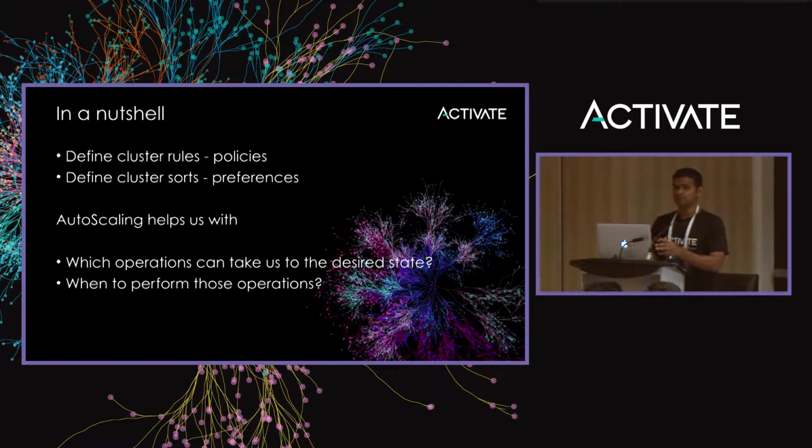So you define these policies, you define preferences, and at the end what you get is two things: which operations will take us to the desired state to make the cluster stable or to balance the load, and when to perform these operations. So let's start with the first part of it, which is policies.